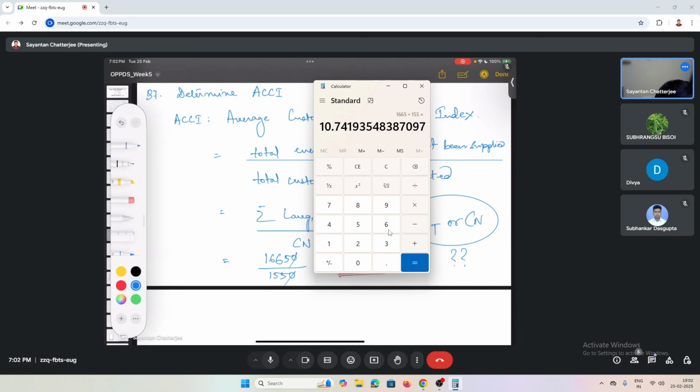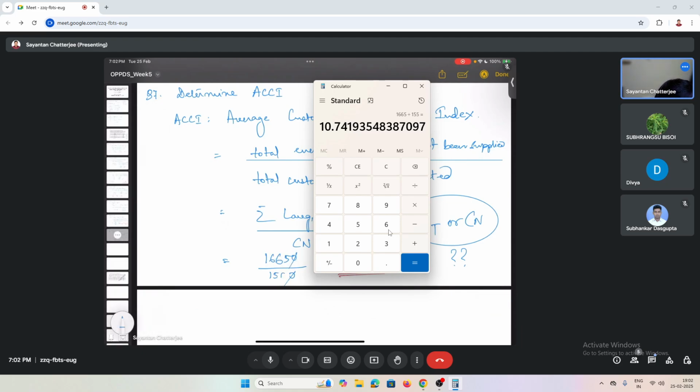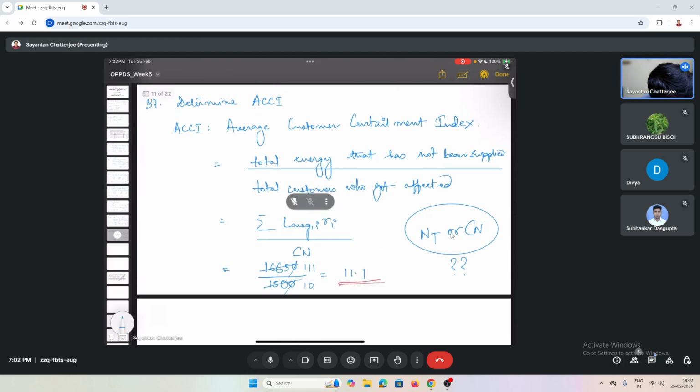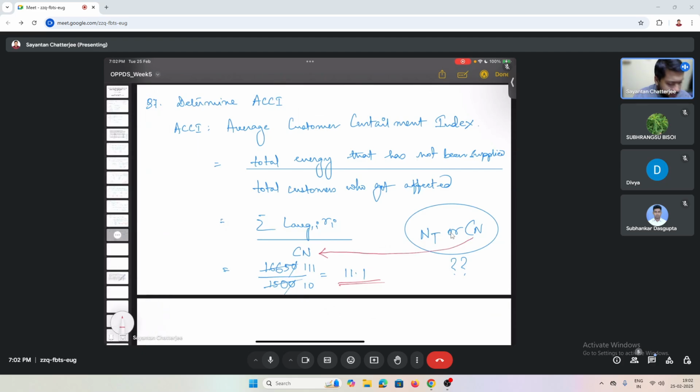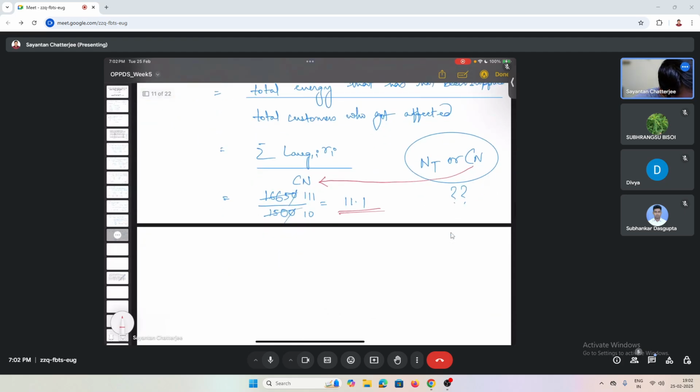CM is 1500, then it will be divisible, I guess. So 15 here, it is 10... 11.1. Yes, okay, sorry, I missed it. So 11.1 is the answer. Here it will be CM.